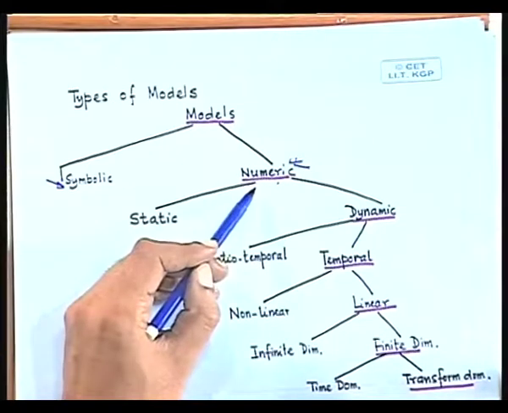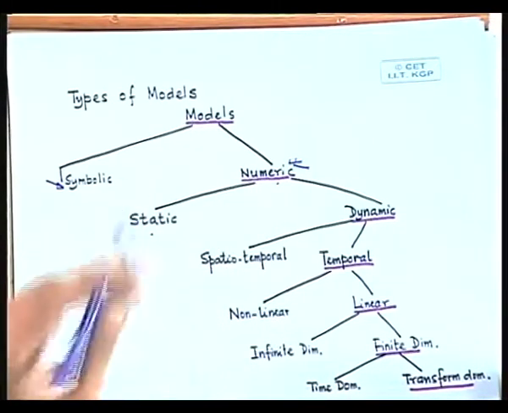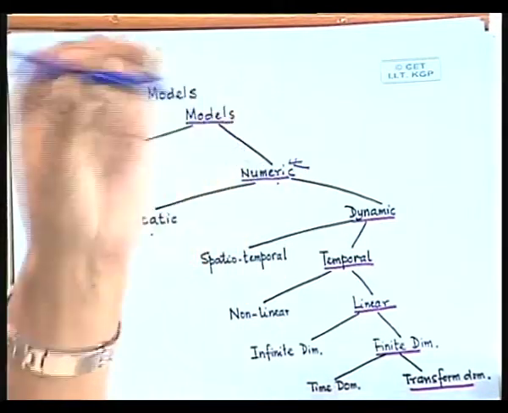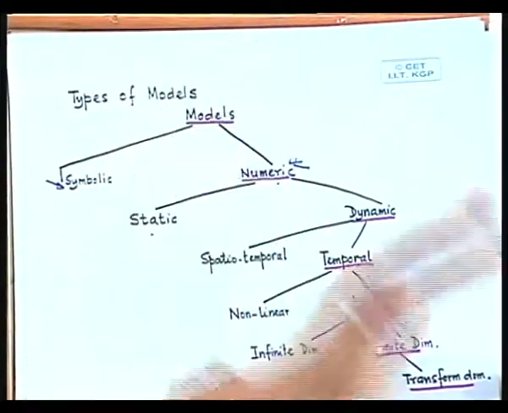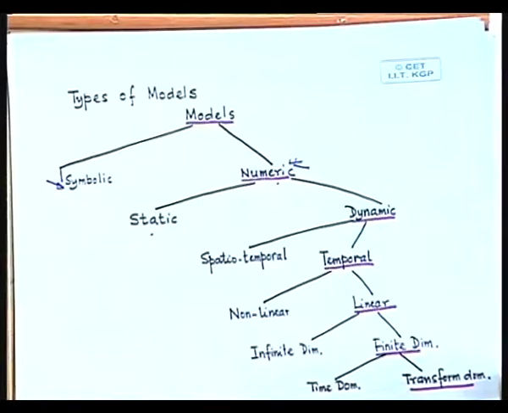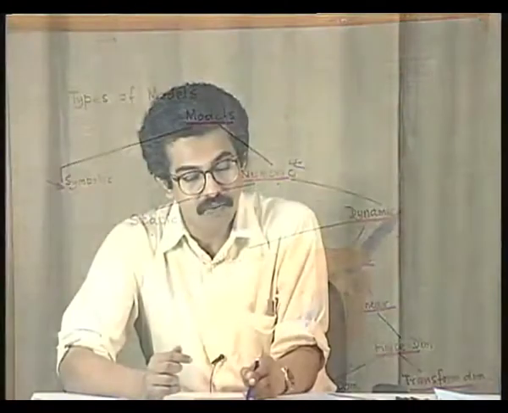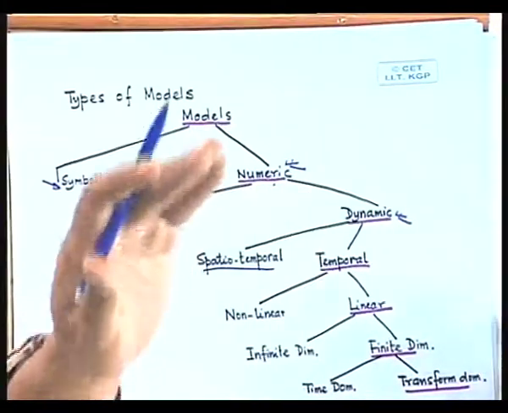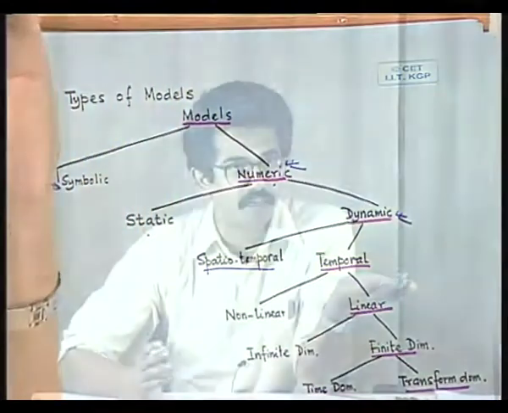Now, numeric models could be either static, where the value at a given point of time depends on other values but there is no extension of time towards the past, or it could be dynamic. We are interested in the dynamic model. It could be spatiotemporal, that is, in how many dimensions you are talking about.